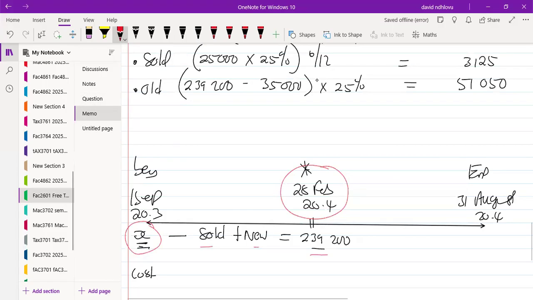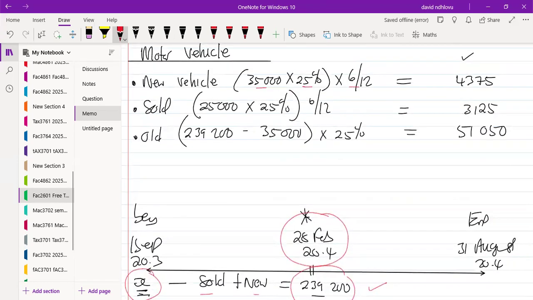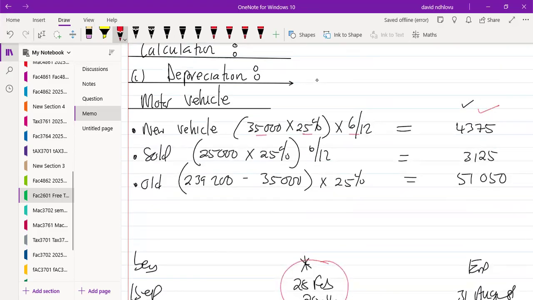So therefore, we are saying this amount here includes the asset with a value of 35. It's included there. But that one, I have already calculated depreciation for separately. And this amount does not include the vehicle sold. I would have already removed it. So what I don't want from this figure is the 35 because I've already calculated its depreciation. If I leave it there, it will be double counting. All right, do you understand it?